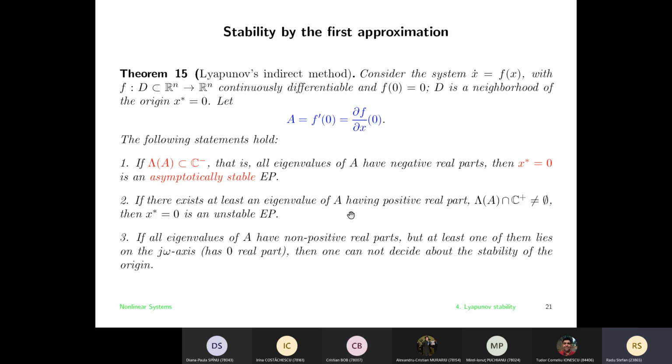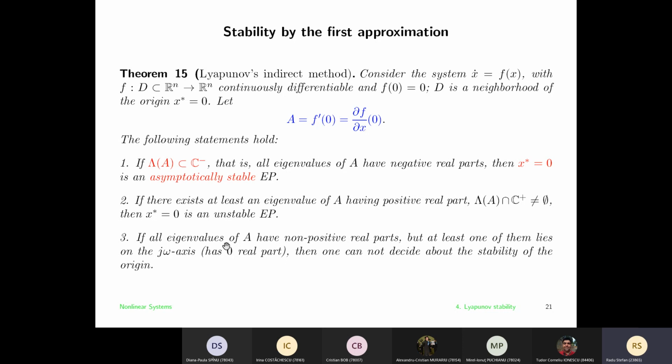Once again, we're not talking about eigenvalues on the imaginary axis. I have to find at least one in the right half plane, not in the left half plane. Just one. If I have found just one, it's done. The equilibrium point 0 is an unstable equilibrium point for the system.